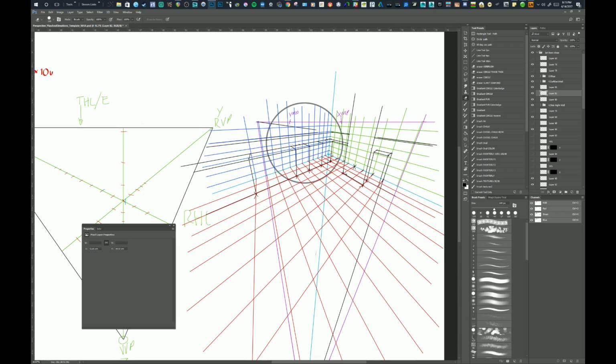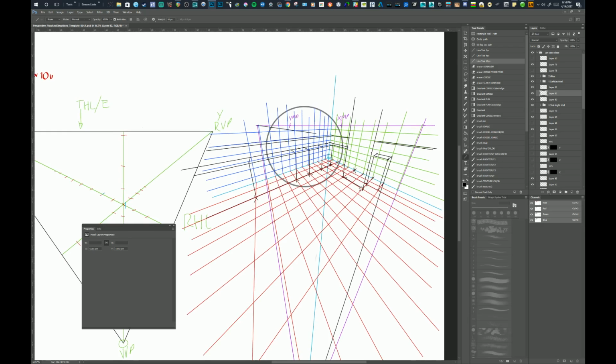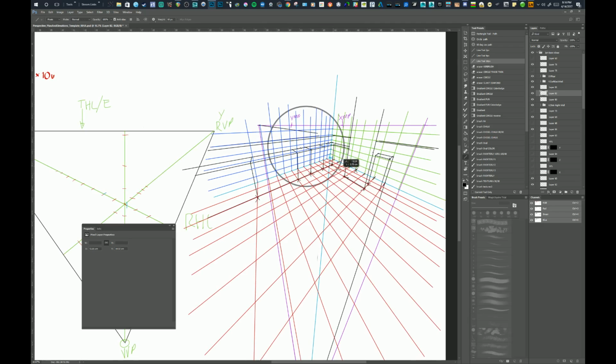Now some of these aren't quite lining up, like this right here should be on that mark there, which is telling me that something is a little off, but I'm going to compensate for that by making sure that everything is equally off.